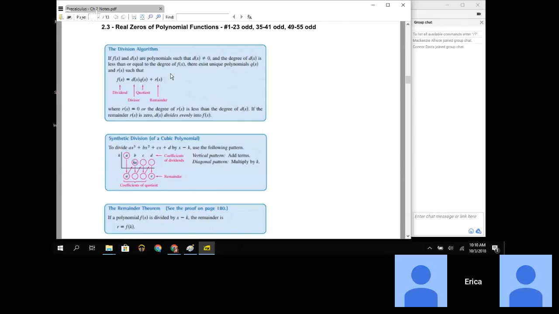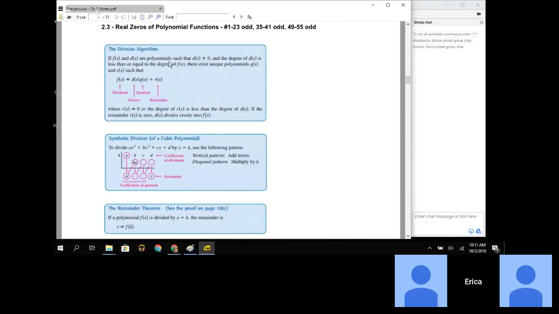So this is just like dividing a number by another number. You can divide 10 by 4, right? If you divide 10 by 4, that's 2 with a remainder of 2. Or if you divide 9 by 4, that's 2 with a remainder of 1. So we can do that with numbers, but we can also do it with polynomials.